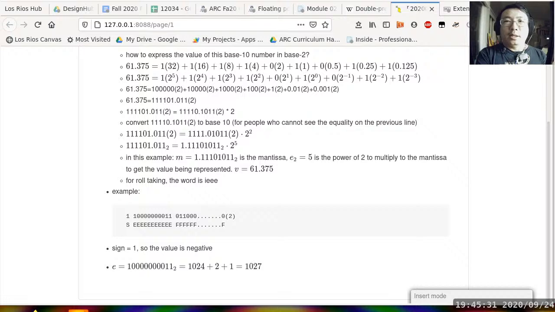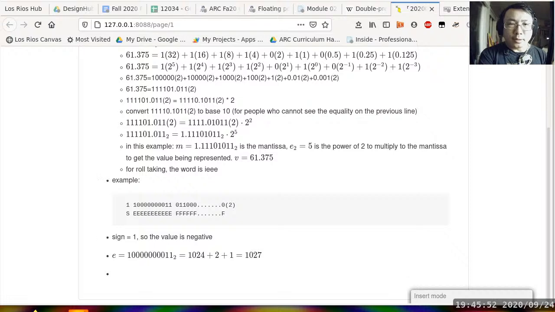Cool. So are we good so far of how we evaluate E? It's just looking at all those bits as an 11-bit unsigned number, okay? All right? But the actual exponent of 2 is, because E itself is biased, right?